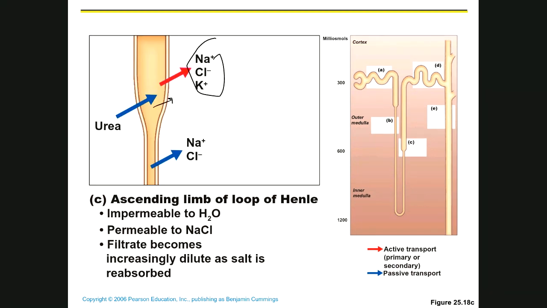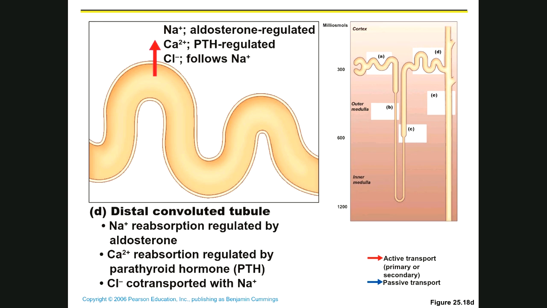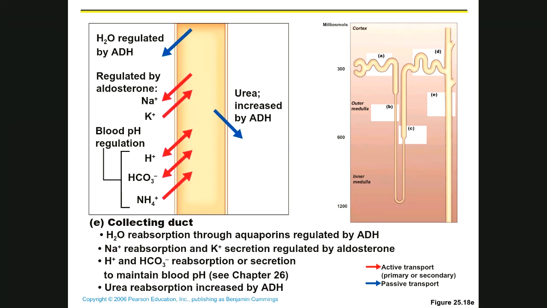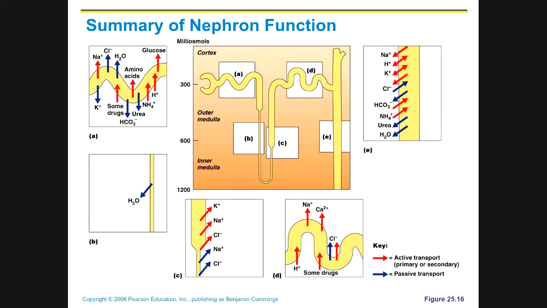It's impermeable to water, but salt's going to come out. And then we get up to here, it's hormone regulated. PTH, aldosterone, depends on the hormone. And then when we get to the collecting duct, it's also hormone regulated. Any questions?